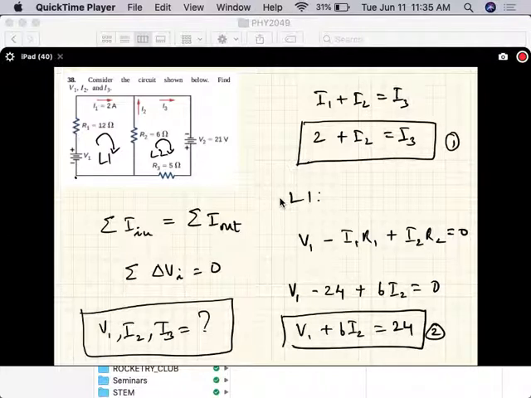Okay. Now we'll have to write down the third equation. We'll do loop 2.